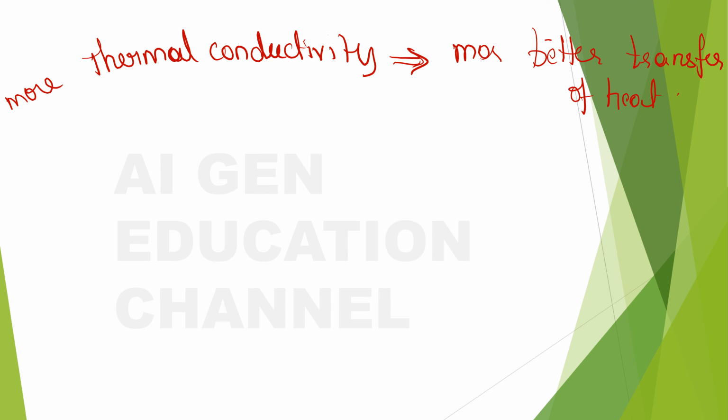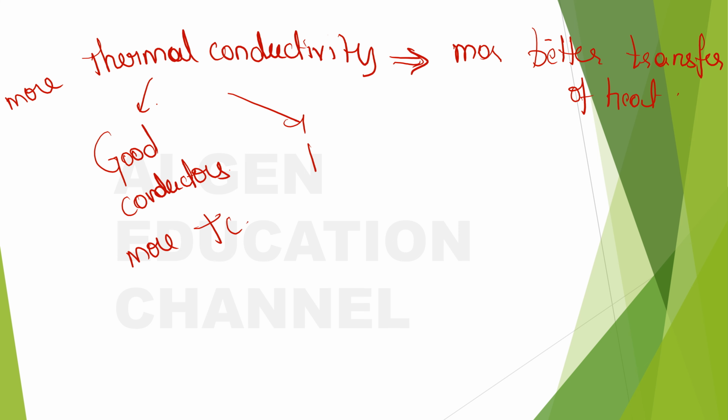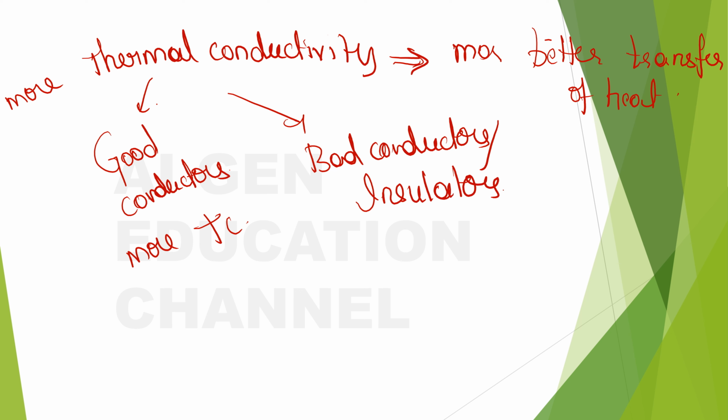Now, it means that if we can sort the materials into those having more thermal conductivity and less thermal conductivity, then we can say that good conductors will have more thermal conductivity, whereas bad conductors or insulators will have less thermal conductivity, and that is the reason they cannot transfer the heat as well, right?